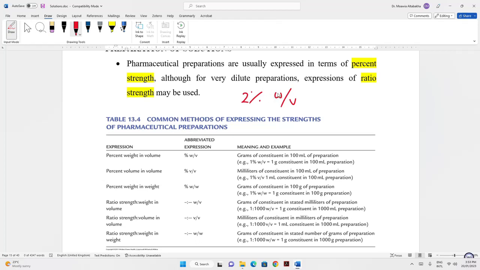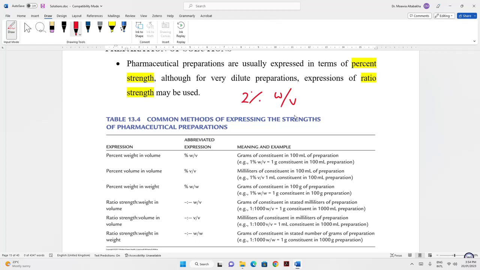If it is weight, it's gram, not milligram, not kilogram, when I give you the concentration as 2%. So it's 2 gram in 100 volume of solution. What is this volume? It's ml. So 2 gram in 100 ml solution.